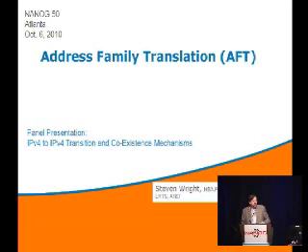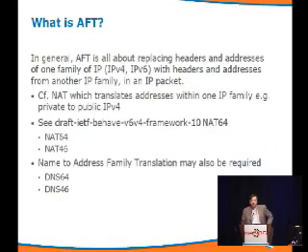It's already sort of come up in some of the earlier talks that when you've got a v6 network and a v4 network, somehow somebody on one network is going to want to talk to the other, and that gets you into the problem of doing the translation. So in general, AFT is all about NAT. It's all about doing this address translation between a v4 address and a v6 address, as opposed to, I guess, the traditional NAT, which is from private to public within the v4 space.